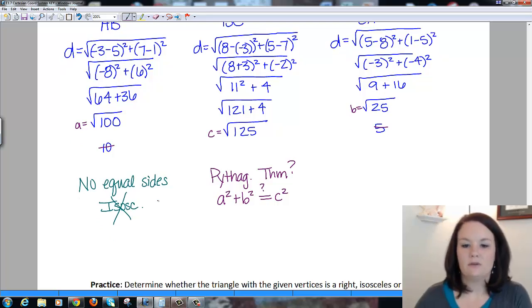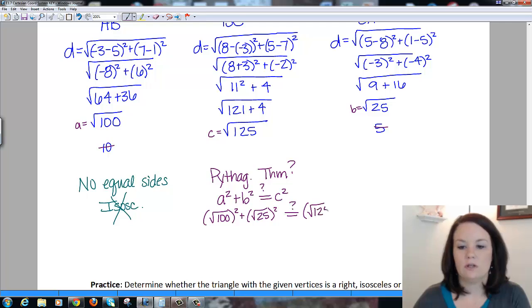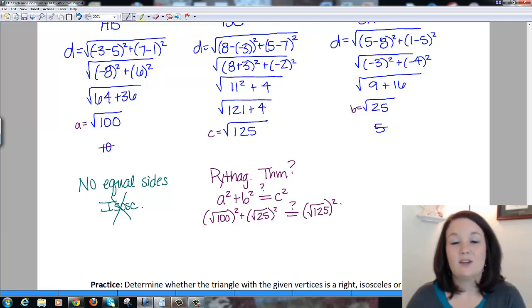Okay, so let's go ahead and say A squared. So that would be the square root of 100 squared plus B squared, so the square root of 25 squared. Does that equal my C squared, which is the square root of 125 squared? And the good thing about leaving it in radical form is anytime you square a square root, those just cancel.